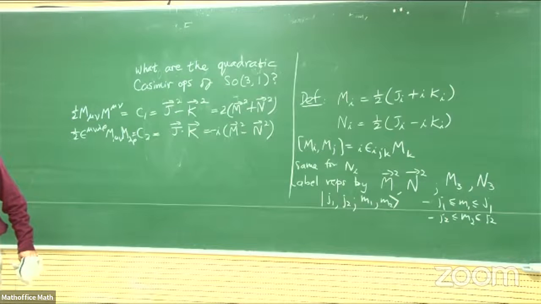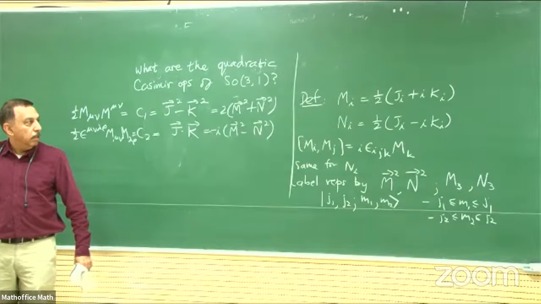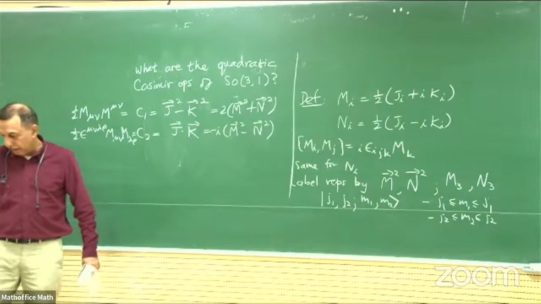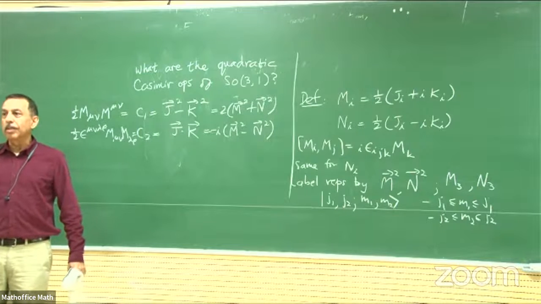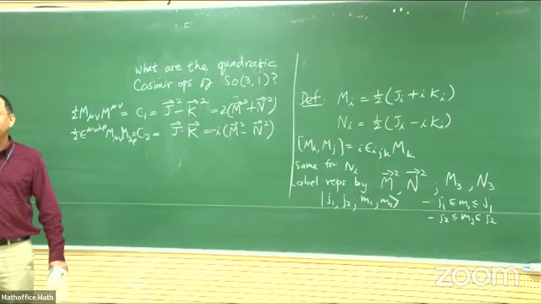Fine. Okay, now we'll proceed, and one little comment I want to make is that the Casimirs of the inhomogeneous Lorentz group are completely different.